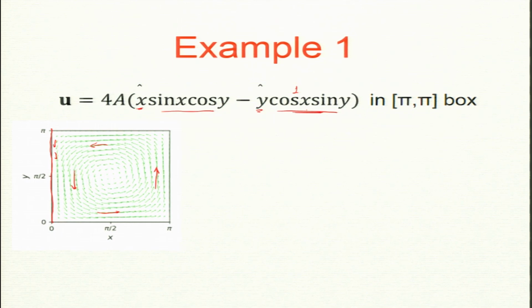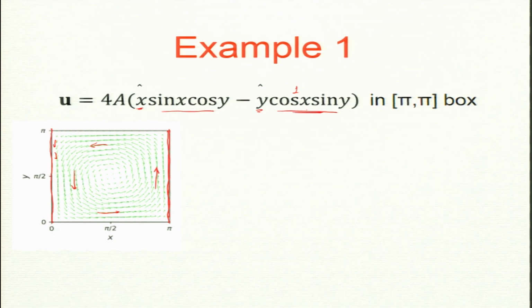Now, one important point is that ux is 0 at these two walls, x equal to 0 and x equal to pi, but uy is not 0 at these walls, the wall with the red line, this wall. This is not true for rigid walls.